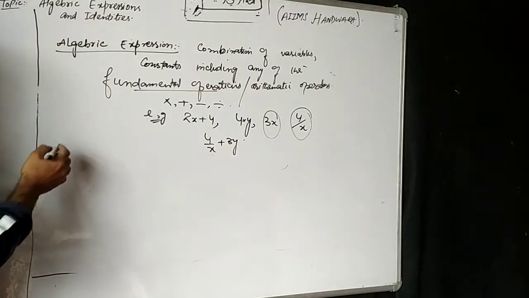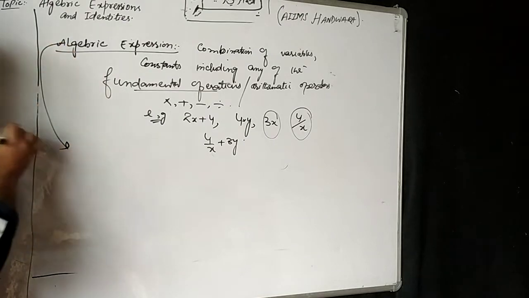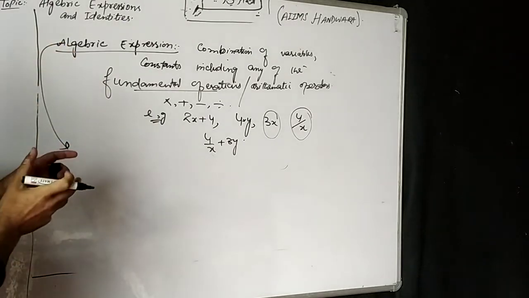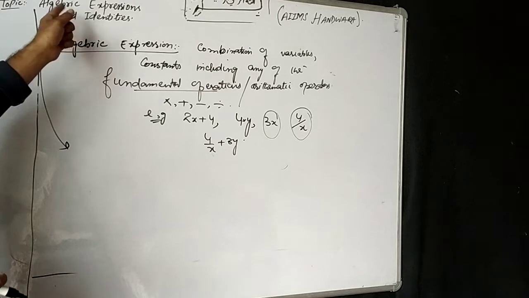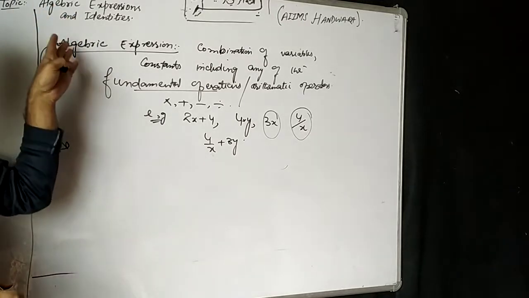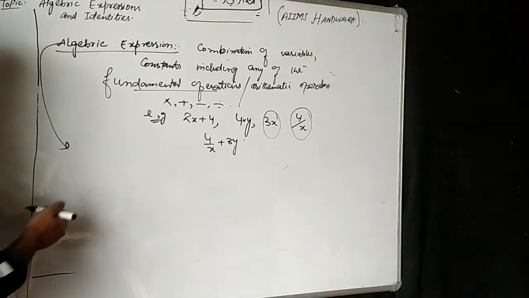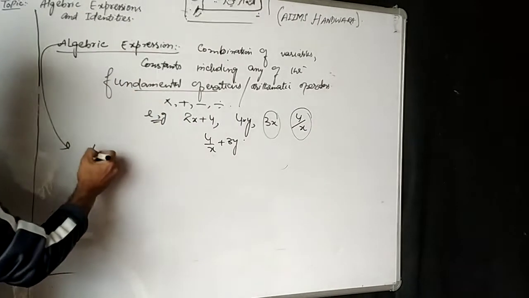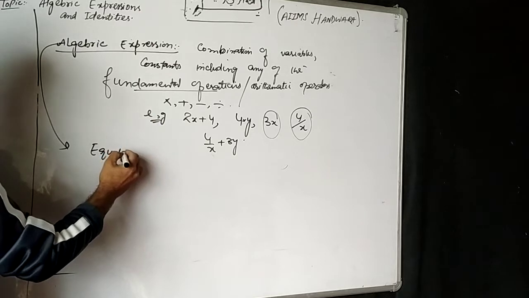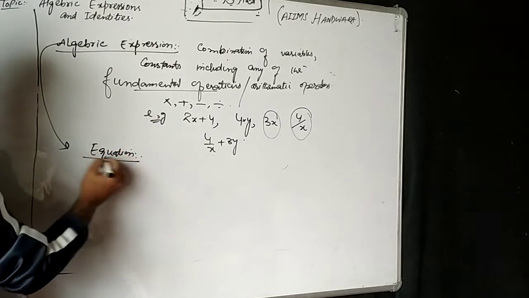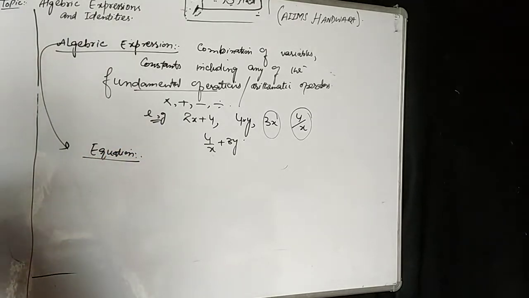Now you have to learn one thing here. Your topic is algebraic expressions and identities. For identity, you must learn what is an equation. Before identities, you must learn what is an equation. An equation, as you all know, is an expression including the sign of equality.